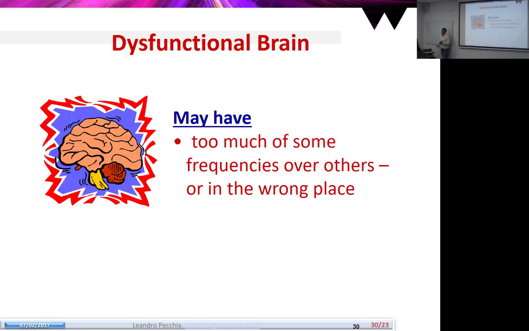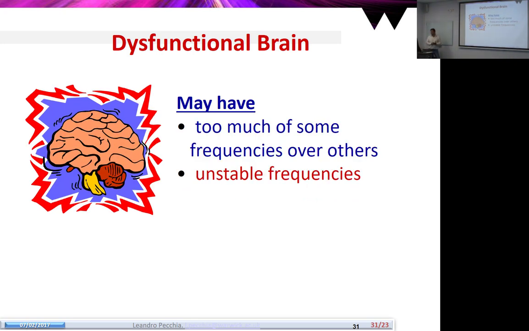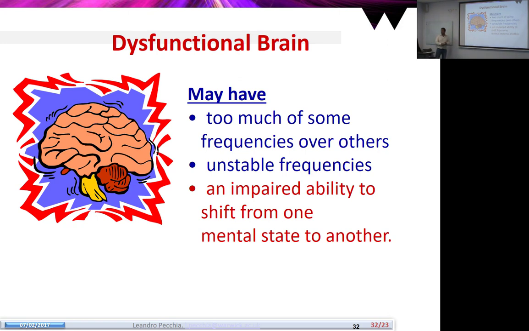This functional brain may have too much of some of those brain frequencies, so a prevalence of one of them, or may have too much of that and they are unstable. So each one of those adds up to different levels of problems. They can be too much, unstable, and not balanced by the other kind. So there is an impaired ability to shift from one mental status to another.